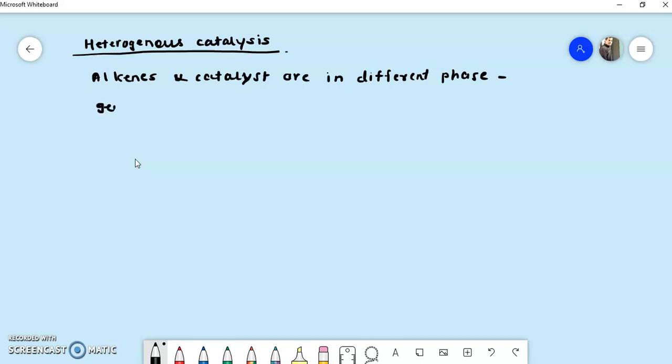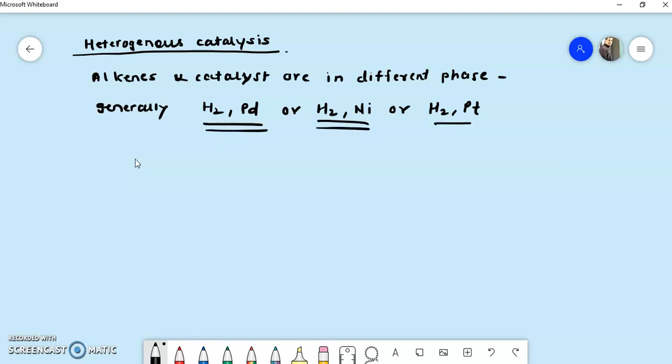Generally the catalyst used here is hydrogen on the surface of palladium, or hydrogen on the surface of nickel, or hydrogen on the surface of platinum metal. This catalyst is used as a heterogeneous catalyst.